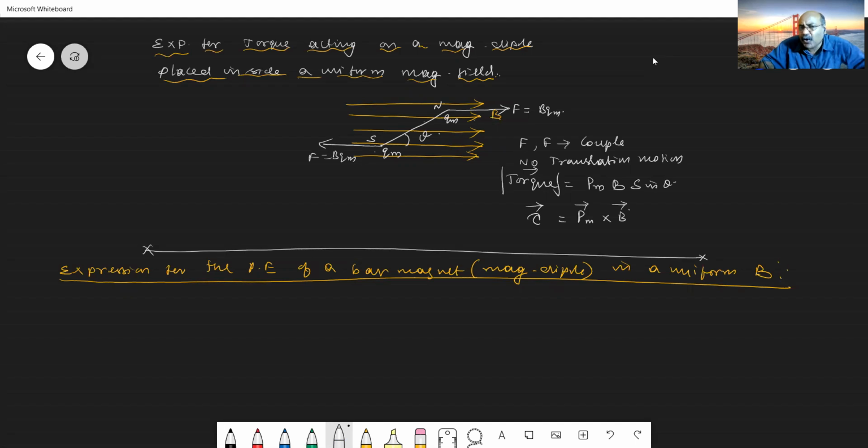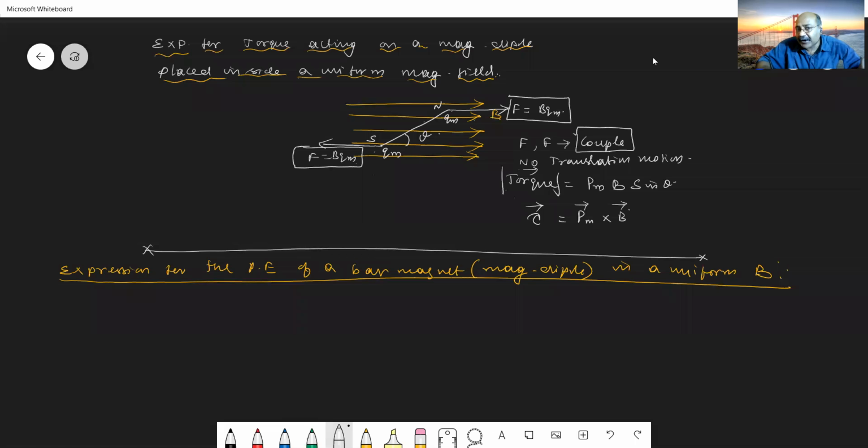Then at the south pole and the north pole, the forces experienced by the pole strengths are given by B Q M, which are equal in magnitude and opposite in direction, and are said to form a couple. Because of that couple, there is no translatory motion. That is, the bar magnet won't move along the direction of the force, but the result is rotation, called the moment of couple or torque.